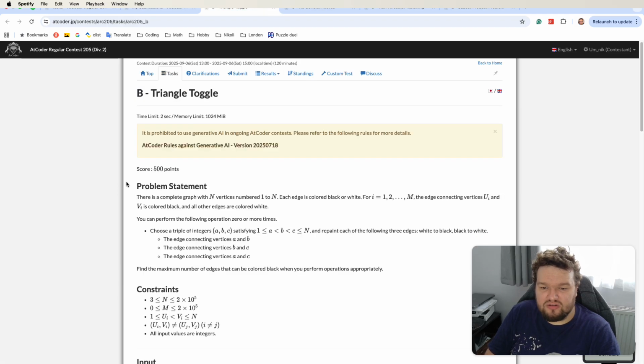Problem B, triangle toggle. There is a complete graph with n vertices. Each edge is colored black or white. We are given m black edges, all the others are white. You can perform the following operation 0 or more times. Choose a triple of integers a, b, c such that they are different, and flip the color of the triangle on those three vertices. Find the maximum number of edges that can be colored black when you perform operations appropriately.